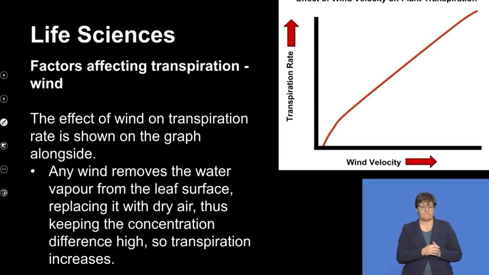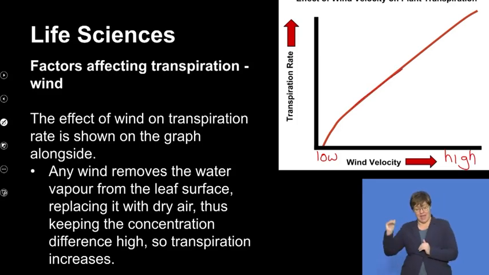Now let's have a look at what happens when the wind velocity gets higher. So we looked at low, it's now high, and what's happening to this curve? Wow, it's going up and up and up.